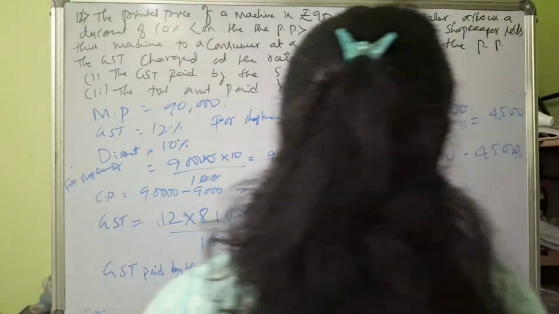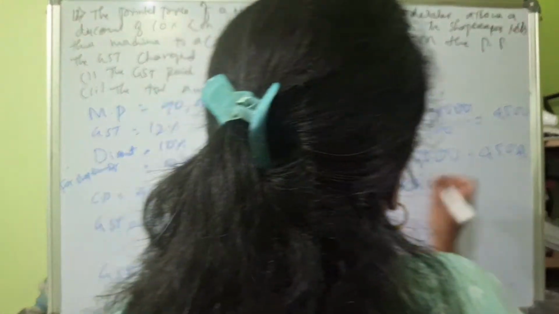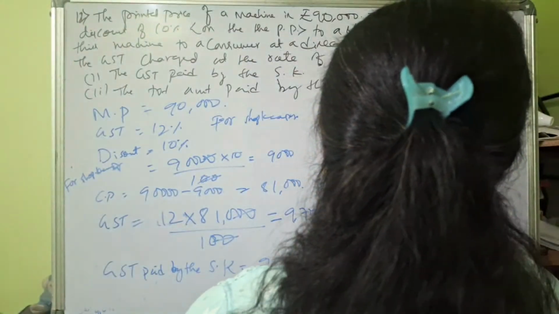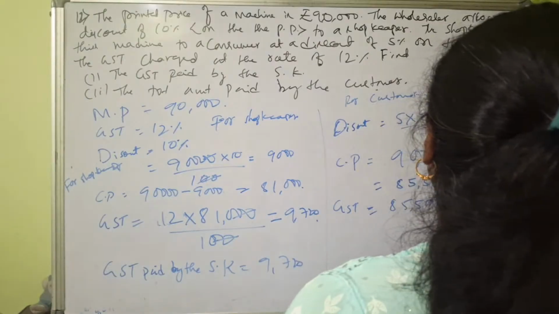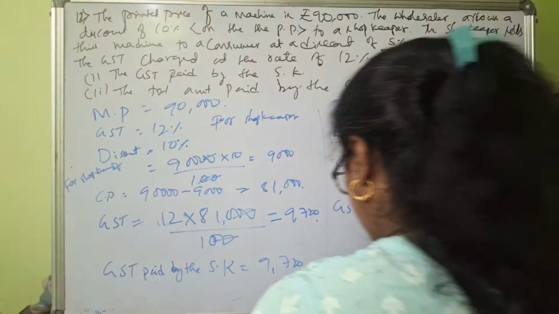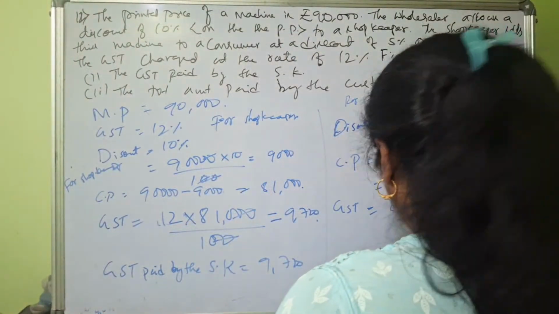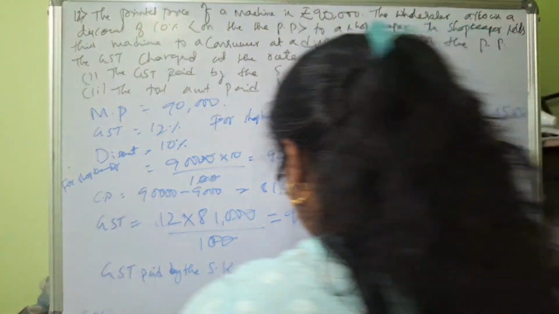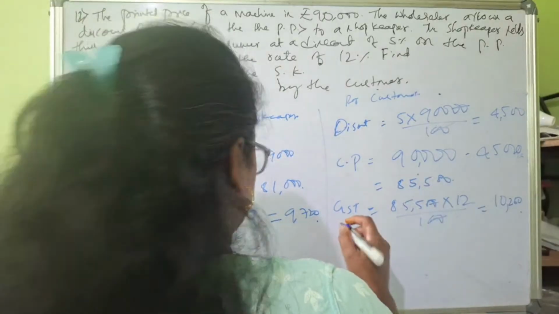85,500. So GST for the customer is 85,500 of 12%, which is equal to 10,260, the GST amount paid by the customer.